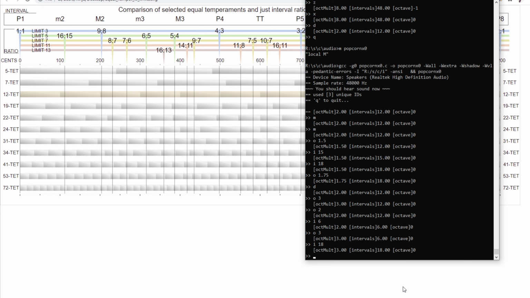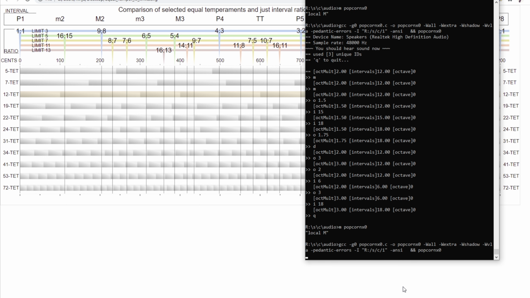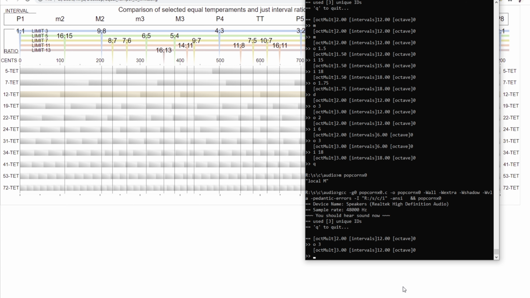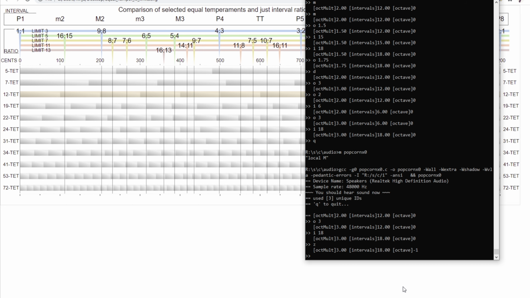They're multiples and they behave. Now sometimes it gets stuck. Yeah, my code is not perfect, I have to say. It sounds kind of decent, not too weird.